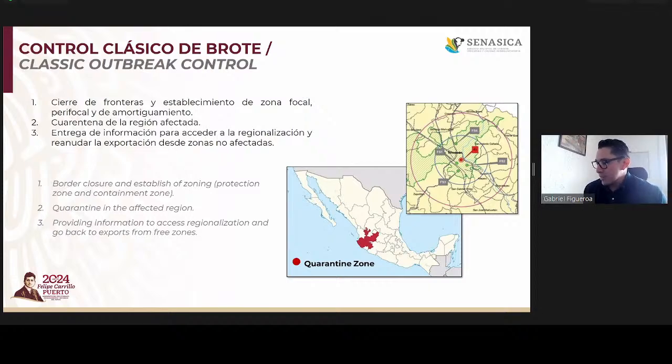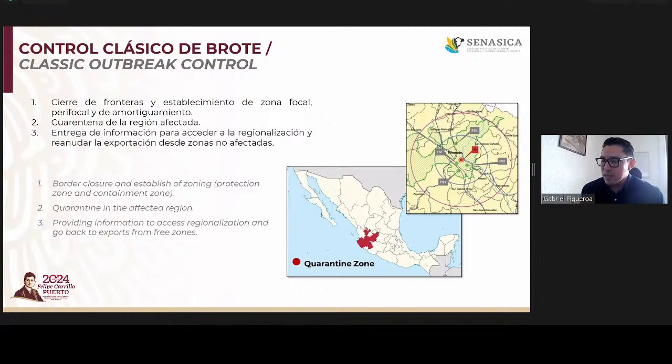And this is for quarantine purposes. And also in the case of Mexico, we need to have a quarantine until this event is over.